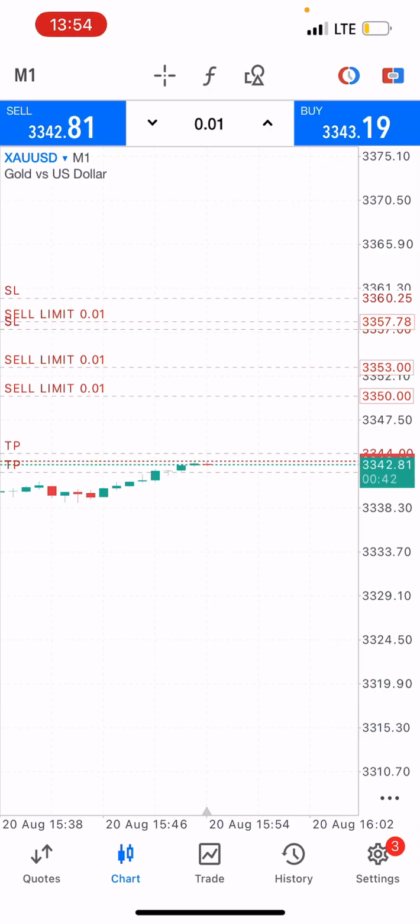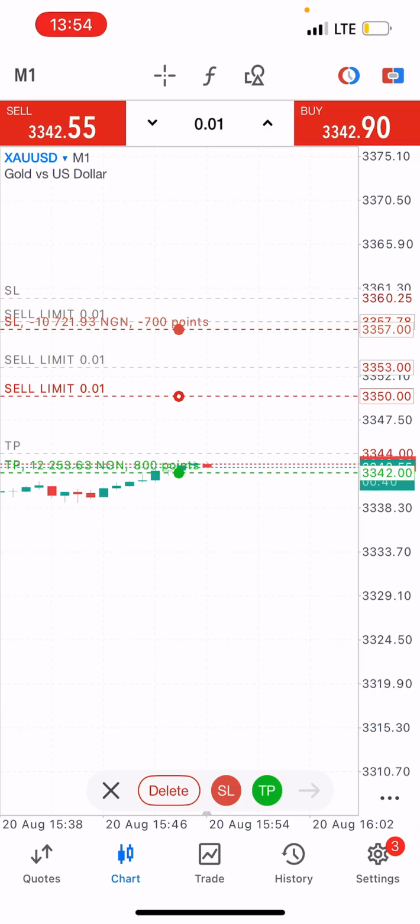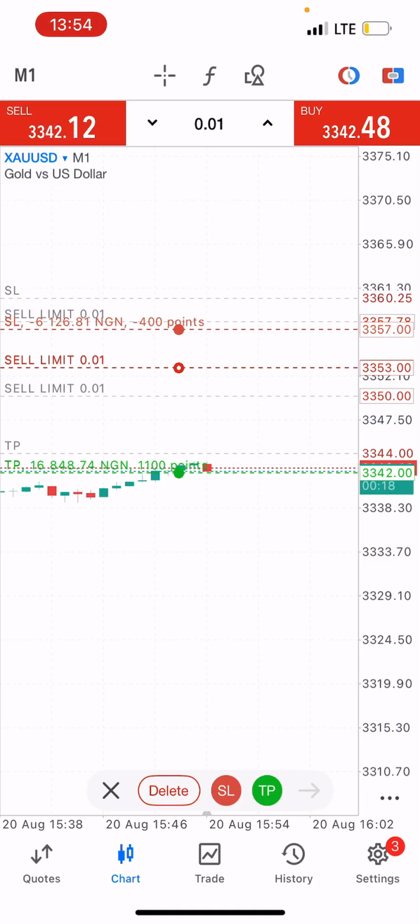This is why. With 3350 as my entry for the sell limit, I'm risking 10,721 naira to make 12,253 naira. But if 3353 is my entry, I am risking 6,000 naira to make 16,000 naira.